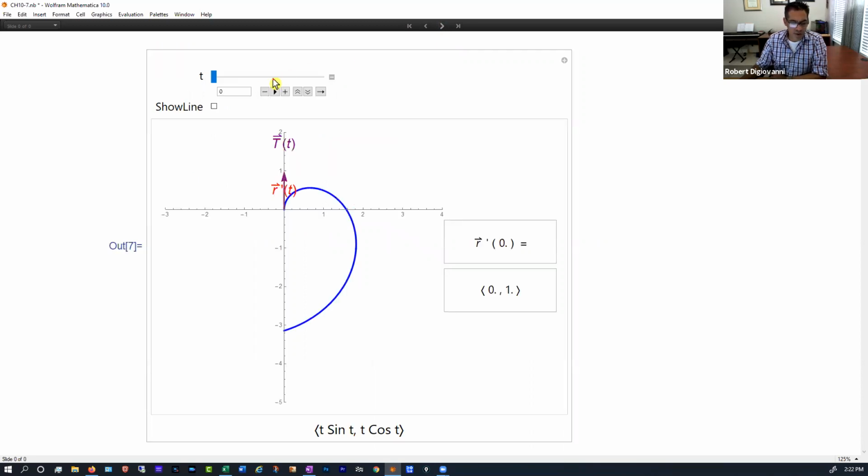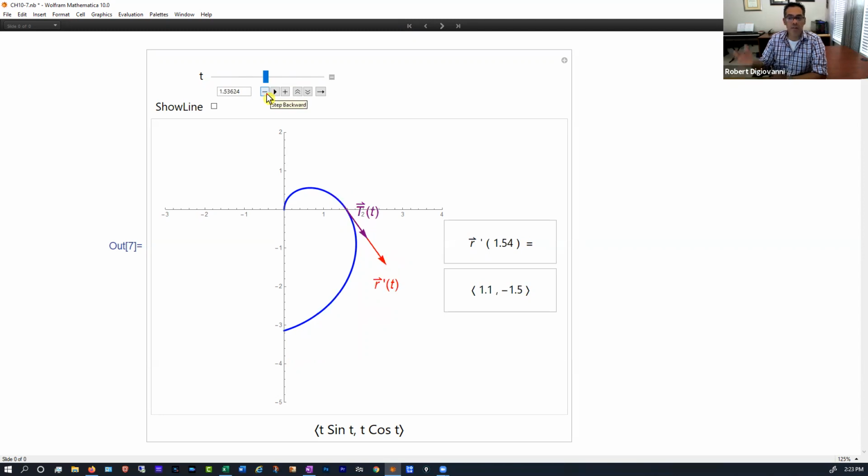And so what we do is we find what's called the unit tangent vector. Just like we had before, we have r prime of t, that's the red vector. The unit tangent vector, which we represent with a capital T of t, is the vector that is parallel to the red vector, pointed in the same direction, and always has a length of 1. So as you move, notice that purple vector always maintains the length of 1.